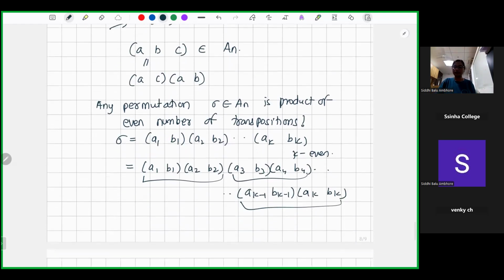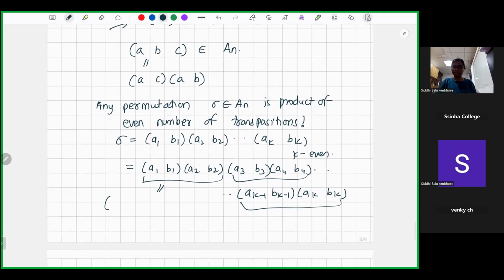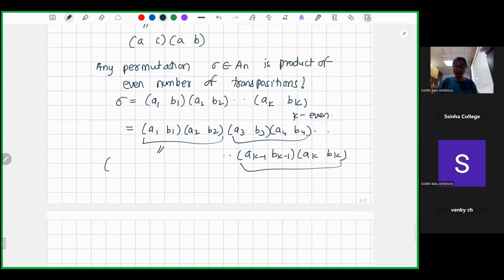Because then each such pair, if I write it as a product of three cycles, some (a b c), (d e f), doesn't matter, just a product of 3 cycles, then I'm done, right?